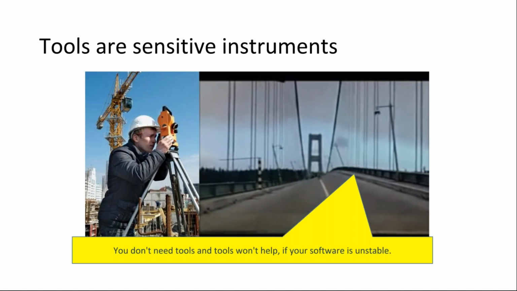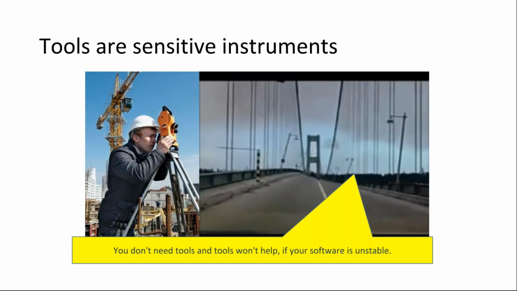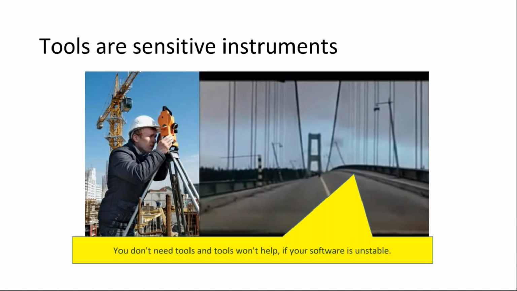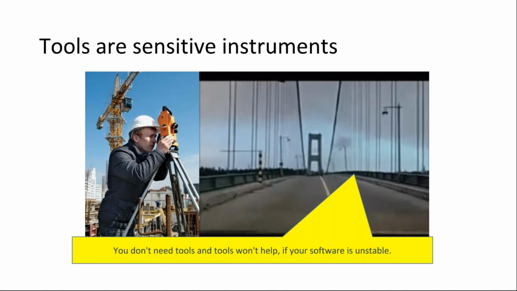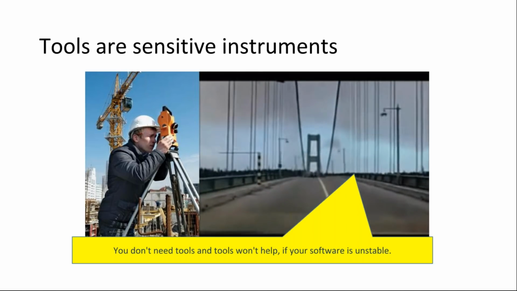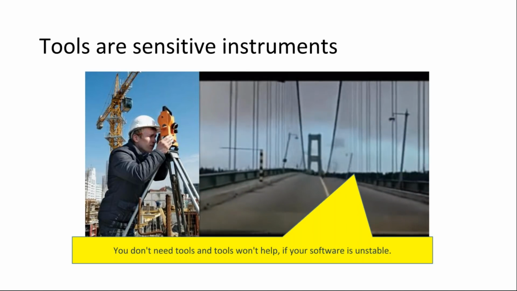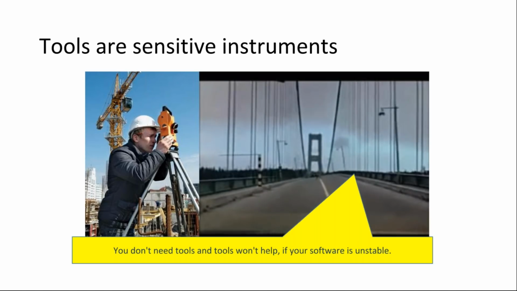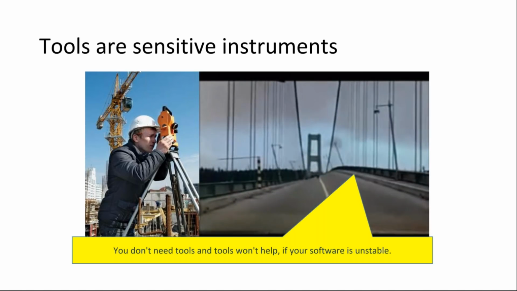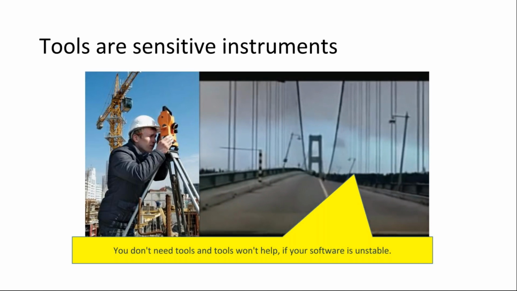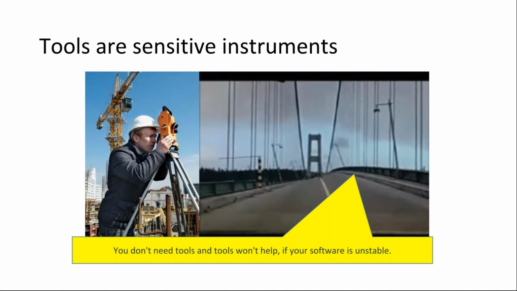So if we're using very sensitive tools and our software, our system under test, our bridge is unstable, tools don't help. They almost get in the way. We can see with our bare naked eye, there's something going terribly wrong in this picture of the Tacoma Narrows Bridge you might be familiar with. So tools get in the way if our software is unstable.